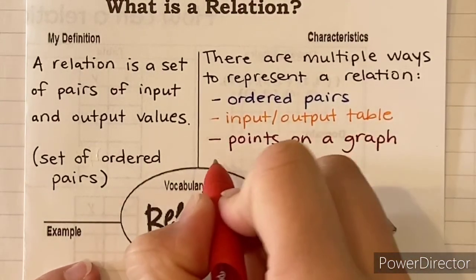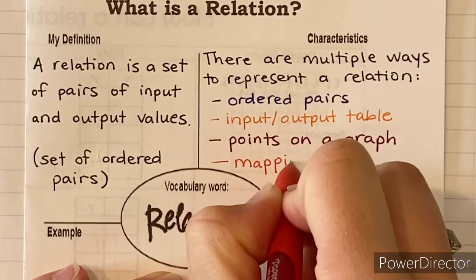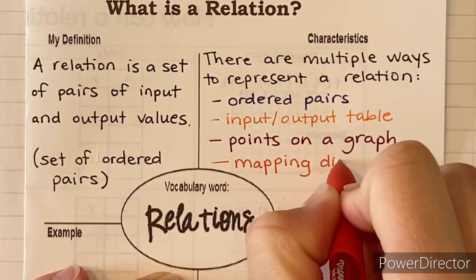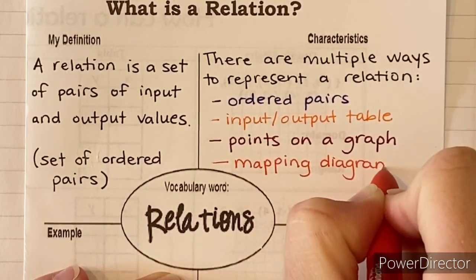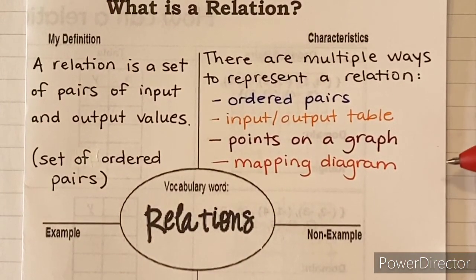And then the last one is something called a mapping diagram. You may or may not have seen the mapping diagram. If you have, great. If you haven't, that's okay. I'll show you what it is. But it's just a way to look at ordered pairs. That's all it is. So those are the 4 ways that you can represent one. And we're going to talk about it. They are on the inside of this foldable, so we'll get there.